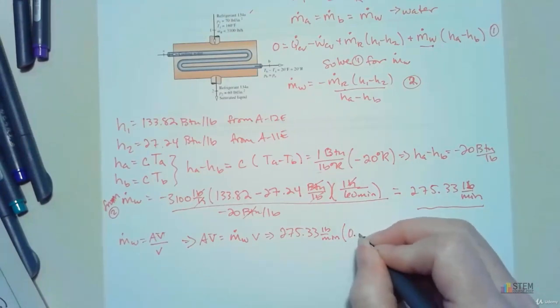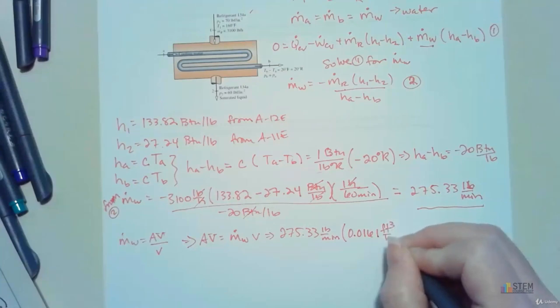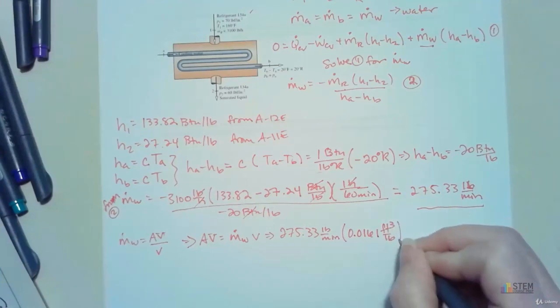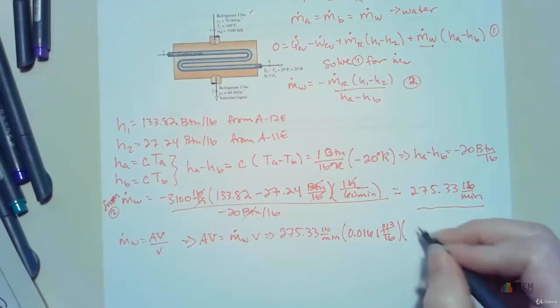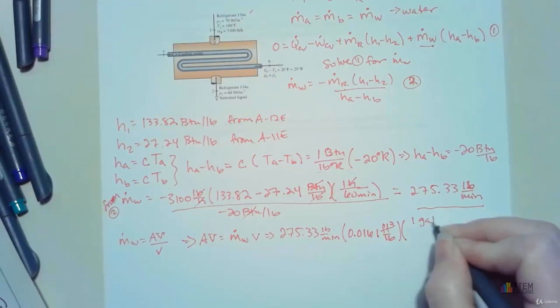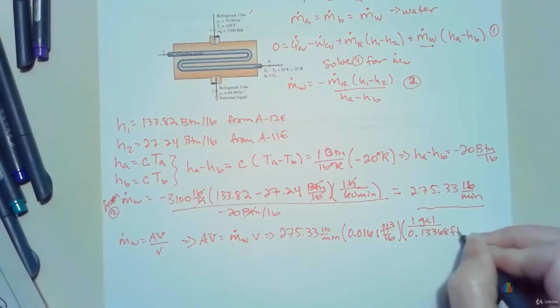That number is the 0.0161 number that was given. That's cubic feet per pound. And remember, we want to get this in gallons per minute. We don't have gallons anywhere in sight here, so let's do the conversion. The conversion between gallons and cubic feet is 1 gallon per 0.13368 cubic feet.